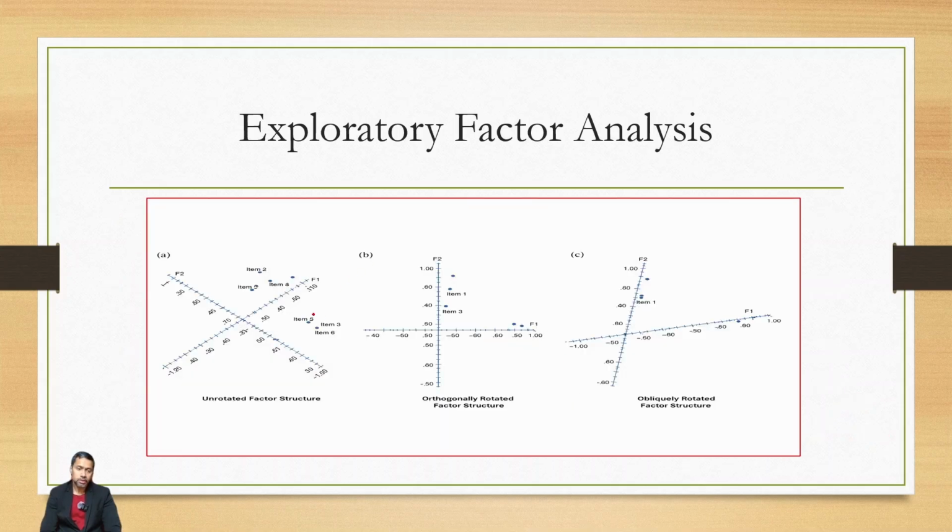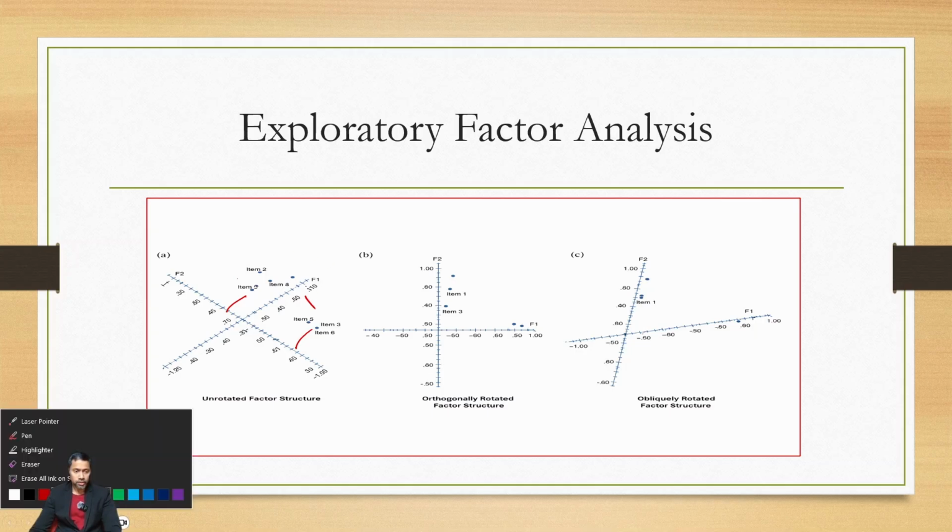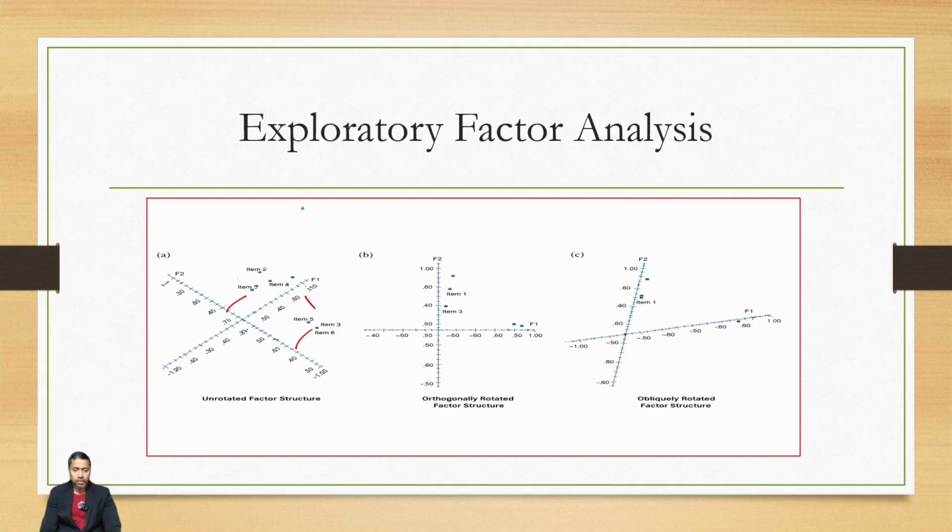This is the image. Here this is the unrotated factor structure. You can see it is totally unclear which factor these items are close to. It is not making sense. To correct this issue, what we are doing is rotating the factors. This is orthogonal rotation.